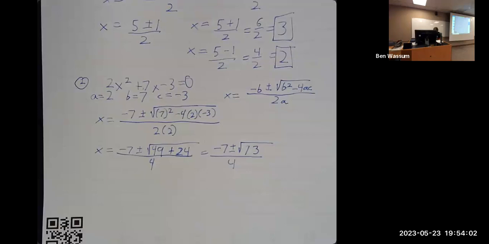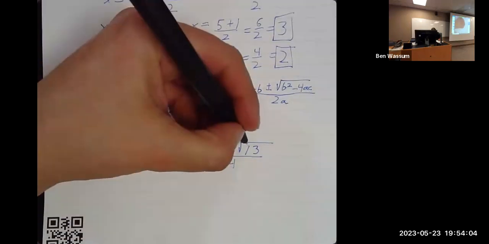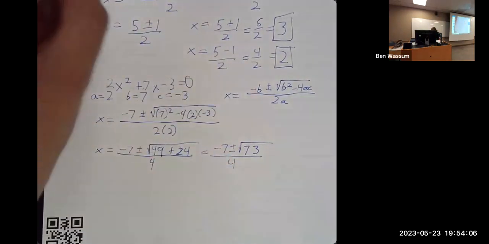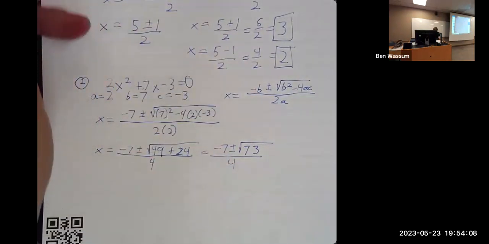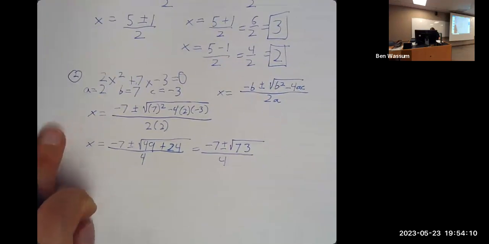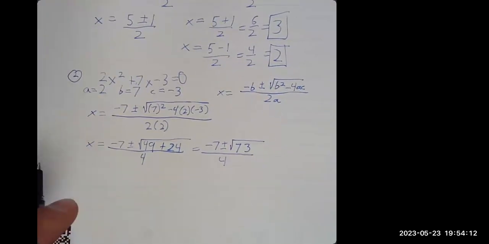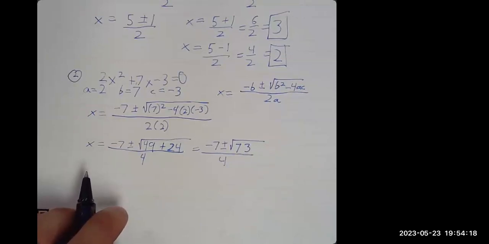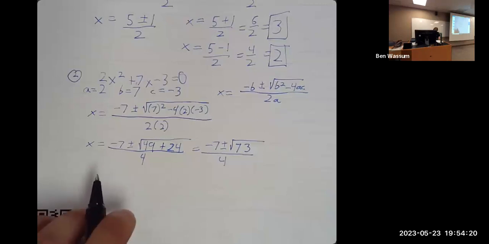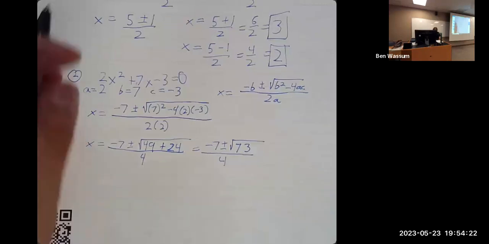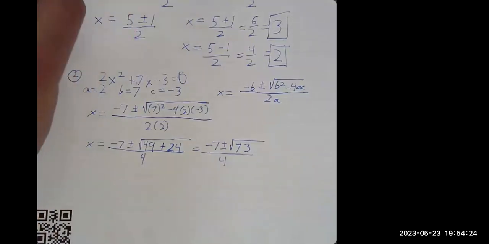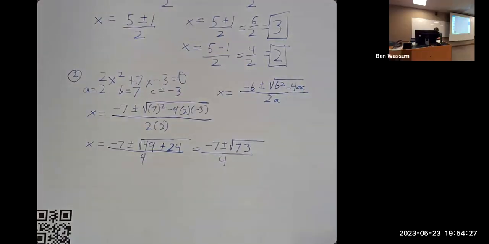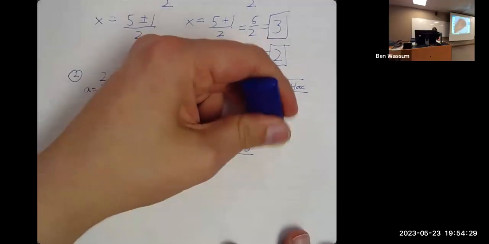All right. Now 73, nothing really goes into 73, right? Other than 1 and 73, nothing else is going to go into that.